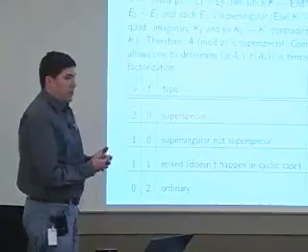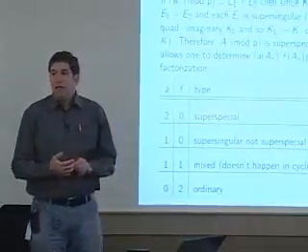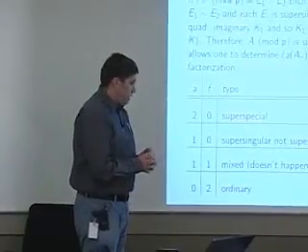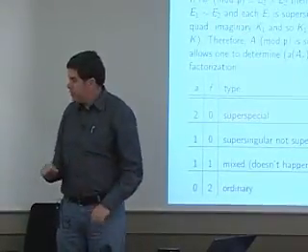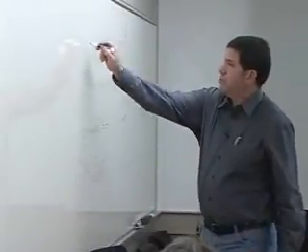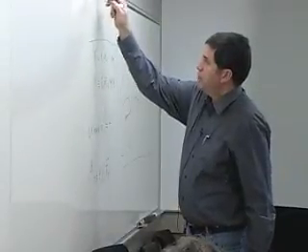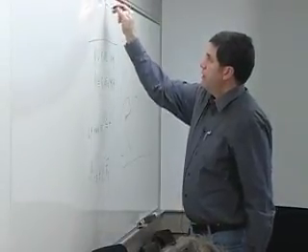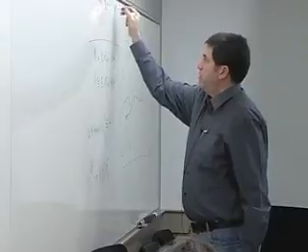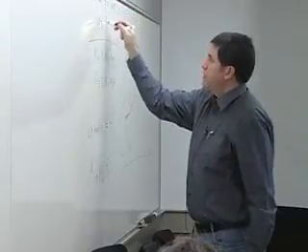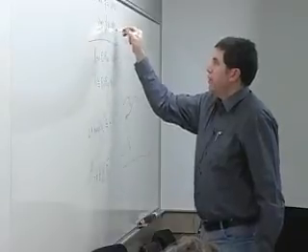For example, if you look at elliptic curves, if the elliptic curve is ordinary, then f is equal to 1, a is equal to 0. And if it's supersingular, then f is equal to 0 and a is equal to 1.